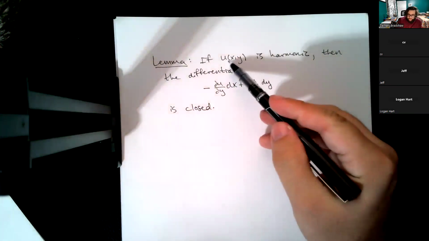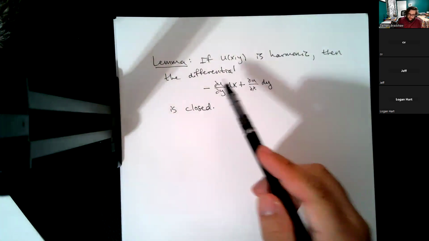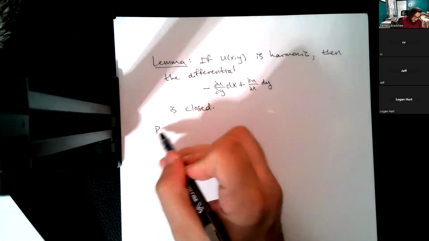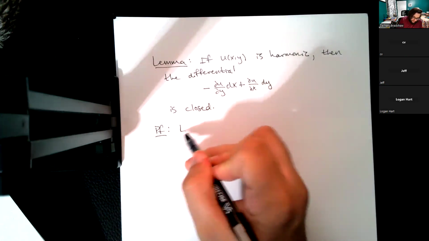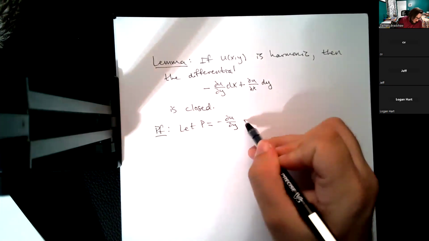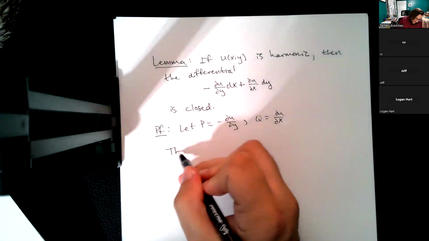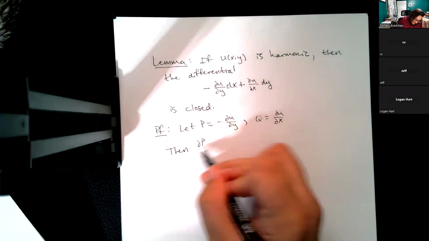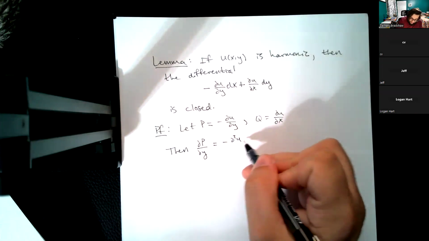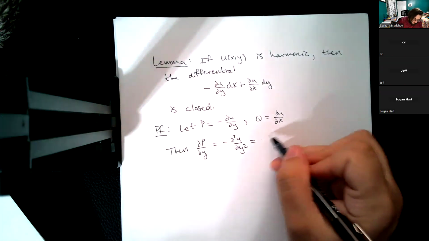If we have some function u which is harmonic, then the differential minus du/dy dx plus du/dx dy is closed. Here's the proof. Let p be minus du/dy and q be du/dx. Then dp/dy is minus the second derivative of u with respect to y.